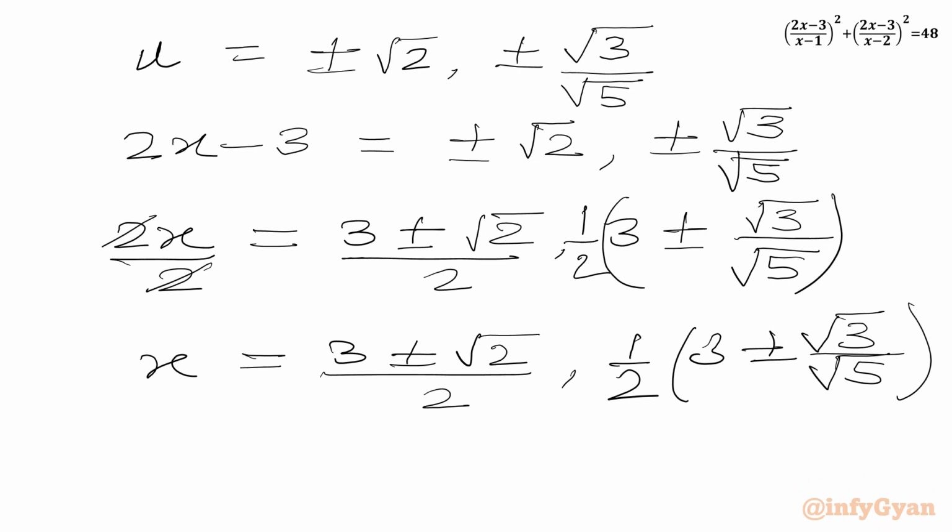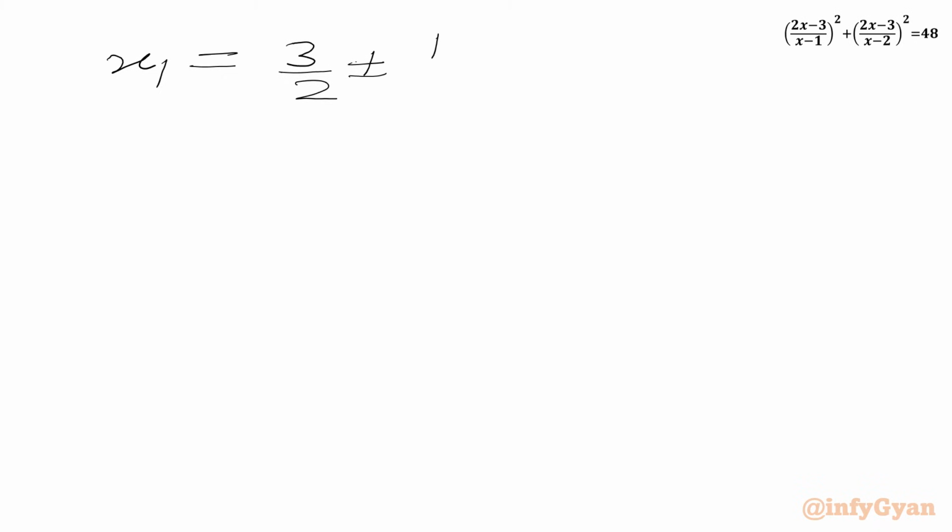Now we can write 4 answers. So I will write here x1 equal to 3 over 2 plus minus root 2 over 2 will be 1 over root 2. So I can write here x1, 2 with plus minus sign.